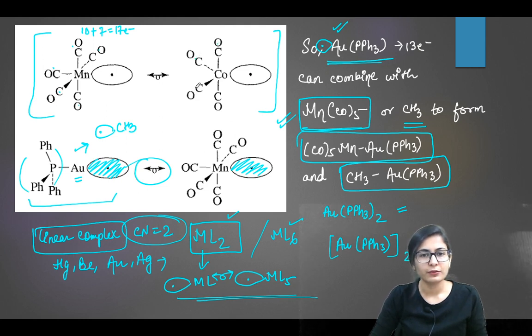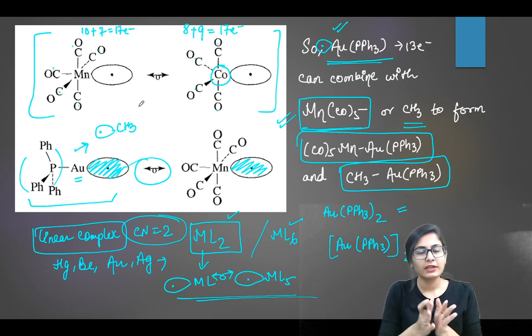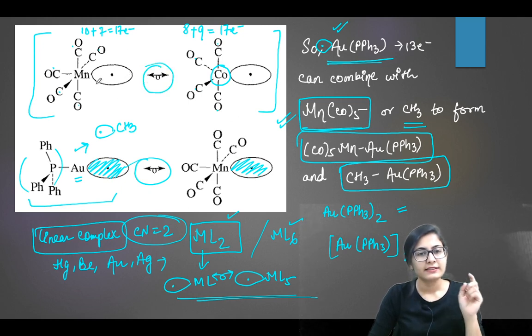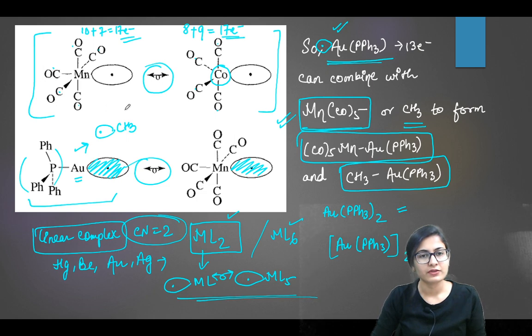Here we have 1, 2, 3 and 4, only 4 carbonyls, that is 8 electrons, and you have cobalt, which in the neutral method we count to give 9 electrons. So once again it has 17 electrons. So what we are trying to understand is the isolobal condition: since both of them are bringing only one orbital like this, they could be isolobal because they also have the same number of electrons.